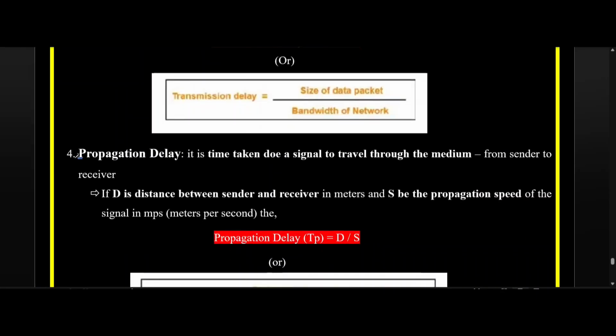The last one is propagation delay. It is the time taken for a signal to travel through the medium, that is, from sender to receiver.